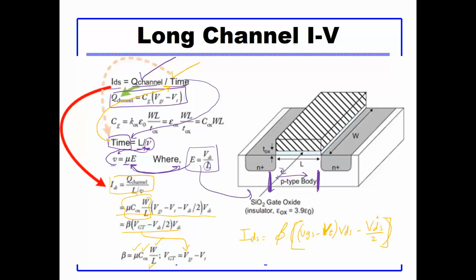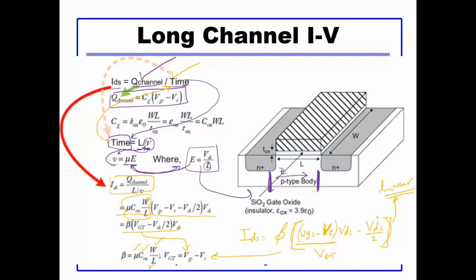This is basically the equation. Incidentally, this equation is in the linear region, as we have explained earlier. By the way, this is the same as this equation. Don't be confused, except that they like to call this VGT in your textbook. So it's the same equation.